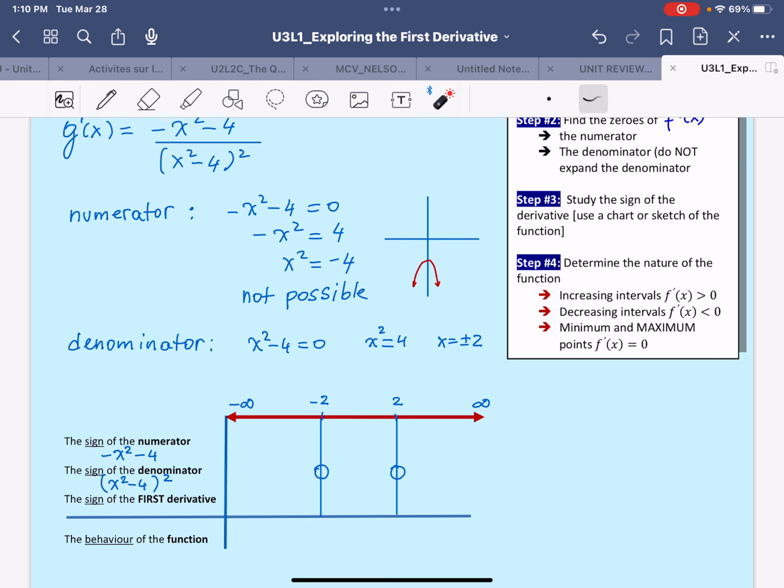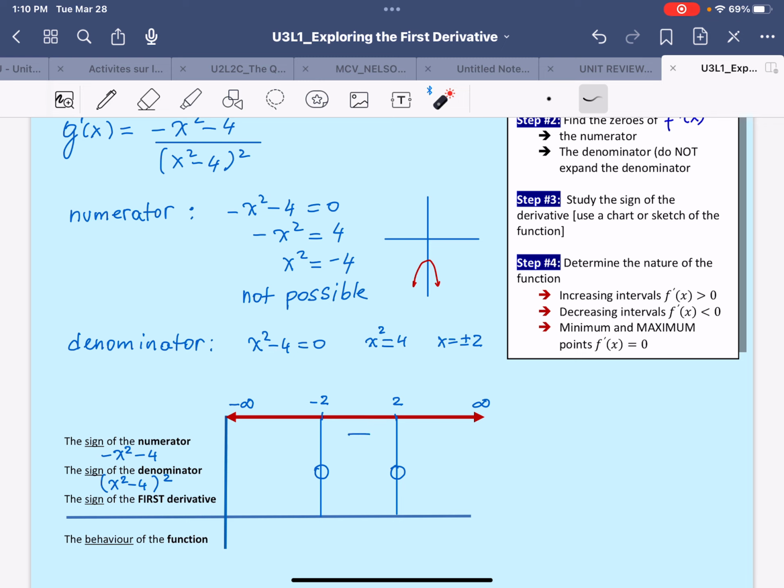Now, as we discussed before, this parabola, or this expression, will always have negative values, and we explained this graphically. Now, what if we're not visual, so we want to understand things logically or algebraically? All we have to do is pick any number on the number line in order to study the sign of this expression. If x is, for example, equal to 0, negative 0 squared minus 4 will be negative.